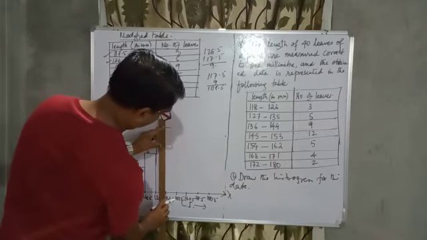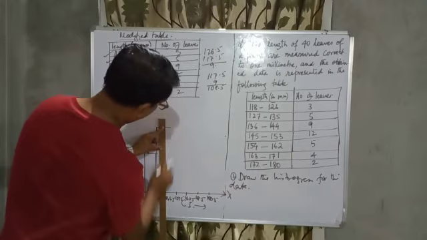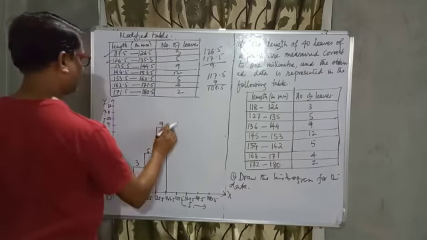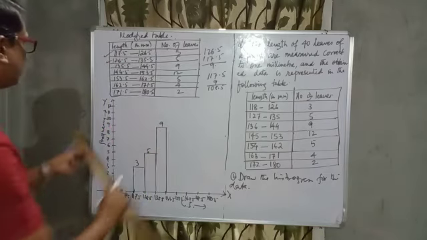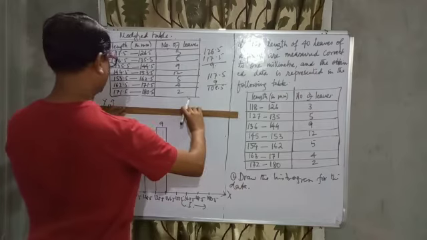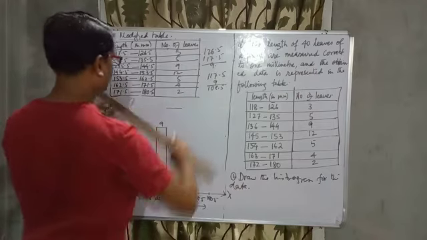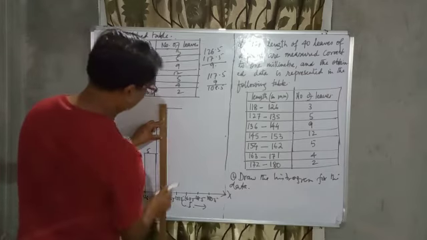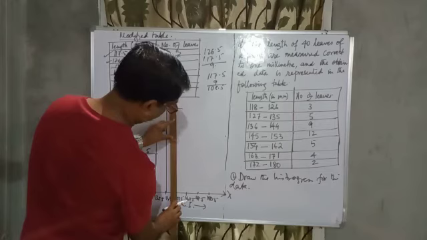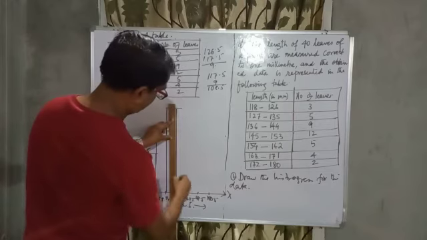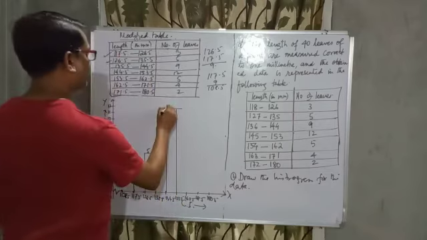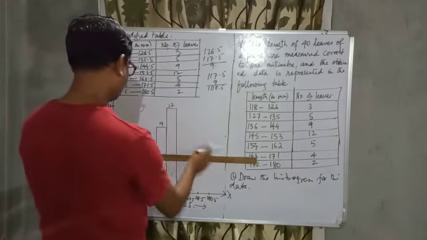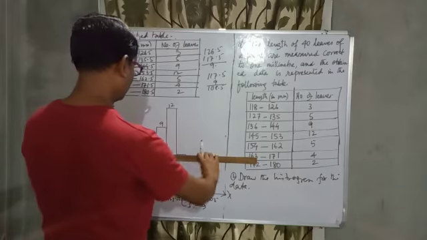This is 9. Next is 12. This length is 12. Next is again 5. 5 we have already drawn once, so no problem.